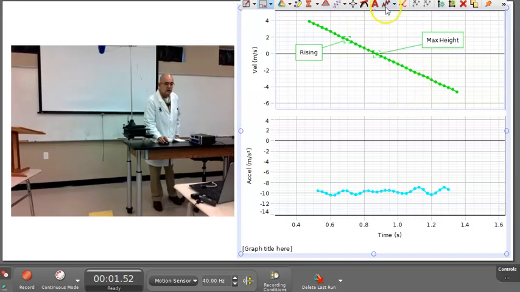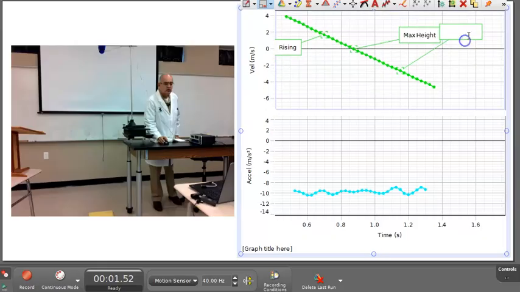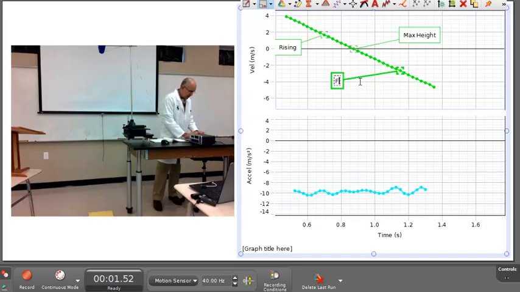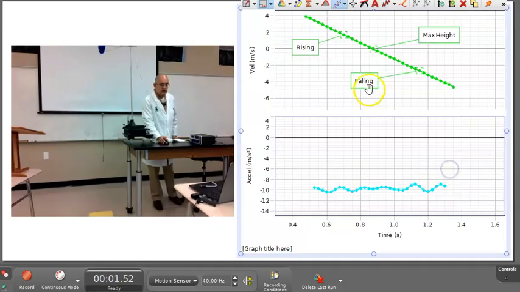And then at this point right here, the ball is falling. So you should be able to identify those points.